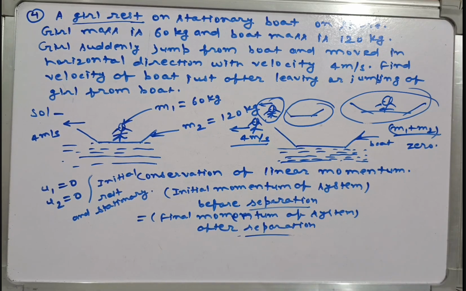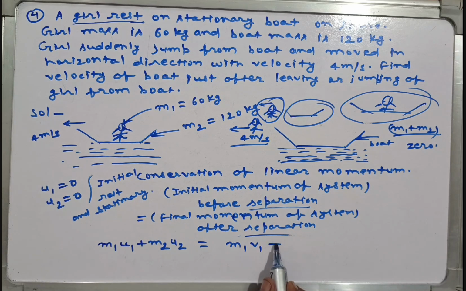of conservation of linear momentum. So the initial momentum: m1 is the mass of the girl, u1 its velocity, and m2 the mass of the boat and its velocity is u2.